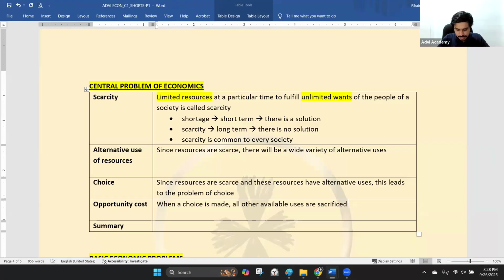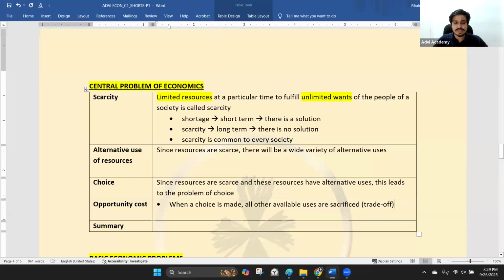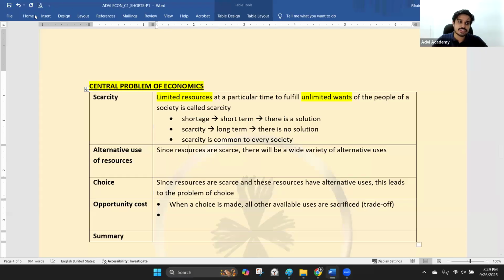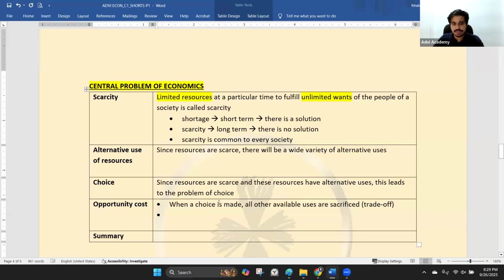Within brackets, I'm going to say these are what we call the trade-off. Okay. Now, when this happens, there is this concept called opportunity cost that we have put up in economics. What is opportunity cost? Now, trade-off means everything that we are losing. Okay. Trade-off means everything that we have sacrificed.